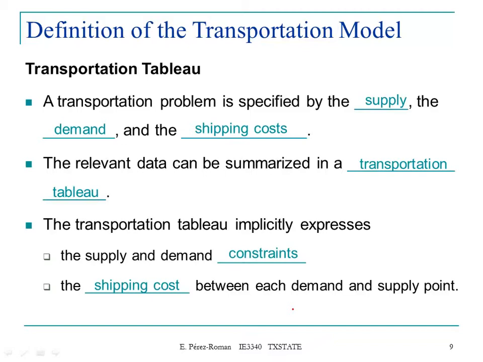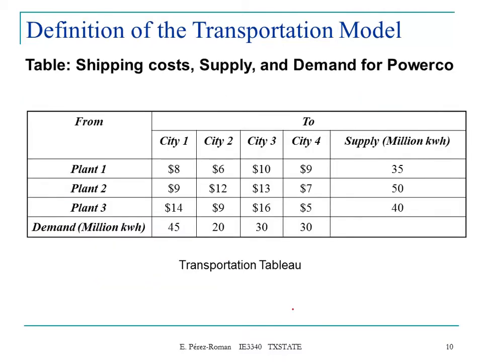So you have the demand, you have the supply for each source, and you have the cost from one point to another. And this is the transportation tableau here. This is what I showed you on slide 8.